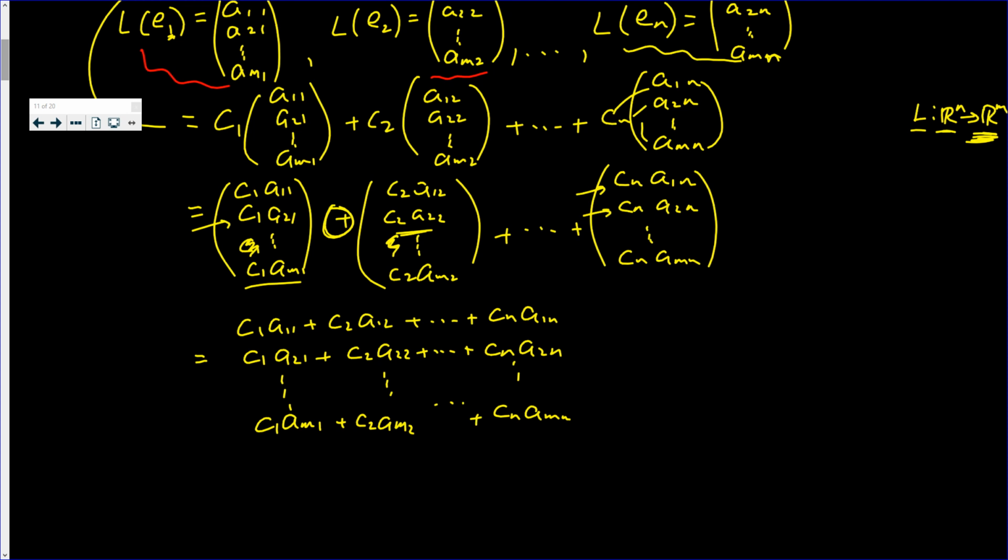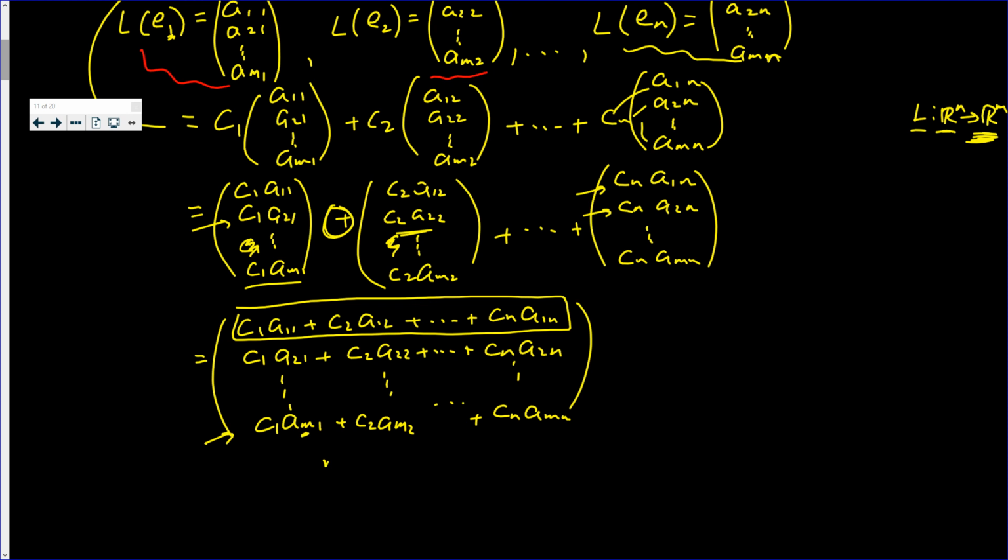So keep in mind that this is just one column, not n columns. When you add those, you get one real number in each row. But we do have m rows. This is the number of rows, which is m, by the number of columns, which is 1.